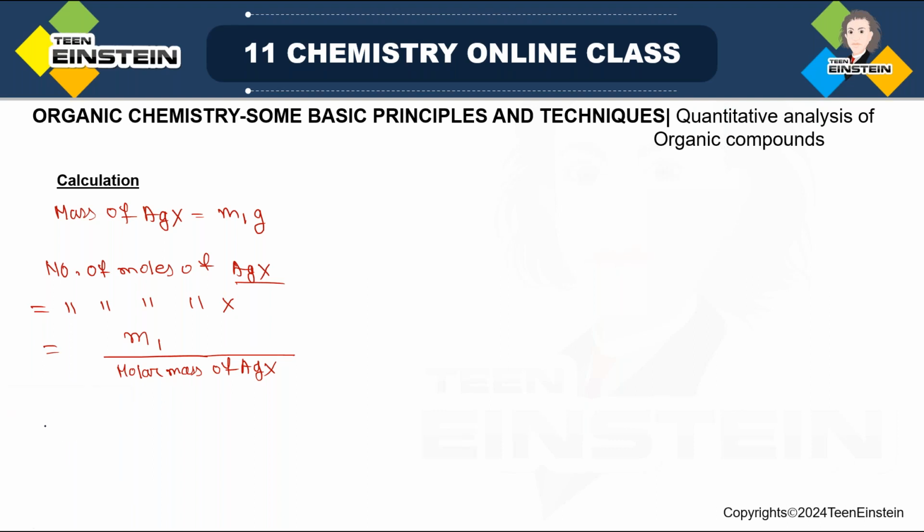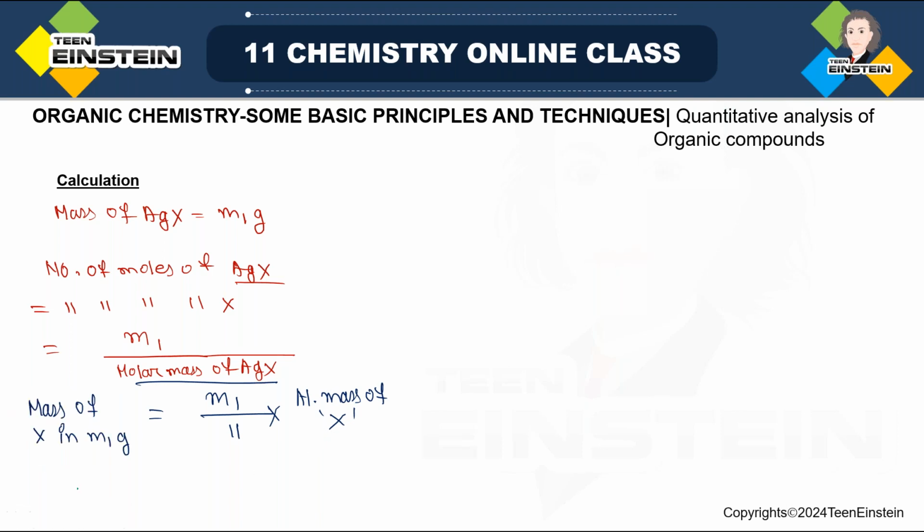Now the next step is the mass of X in M1 gram of AgX. That will be equal to M1 divided by the molar mass of AgX, multiplied by the atomic mass of X. Depending on whether it is Cl, Br or I, it will differ, so I am writing it in a general way.